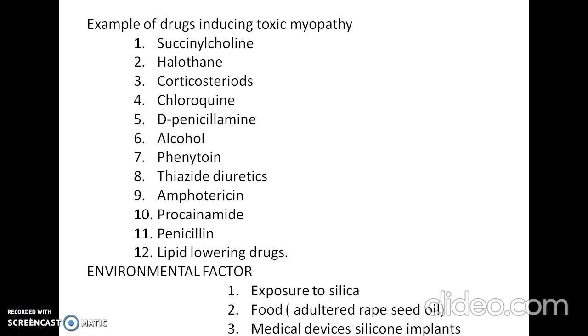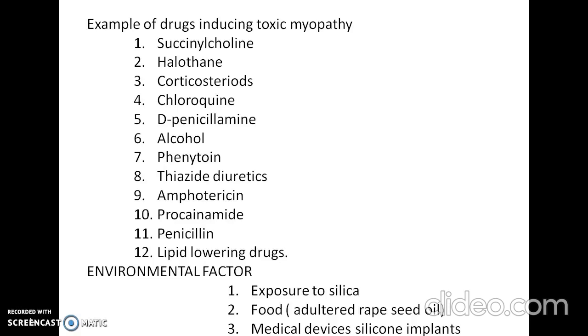Let us see examples of drugs which can induce toxic myopathy. Drugs like succinylcholine, halothane, corticosteroids, chloroquine, penicillamine, alcohol, phenytoin, thiazide diuretics, amphotericin, procainamide, penicillin, lipid-lowering drugs can cause toxic myopathies upon prolonged exposure or in toxic doses.